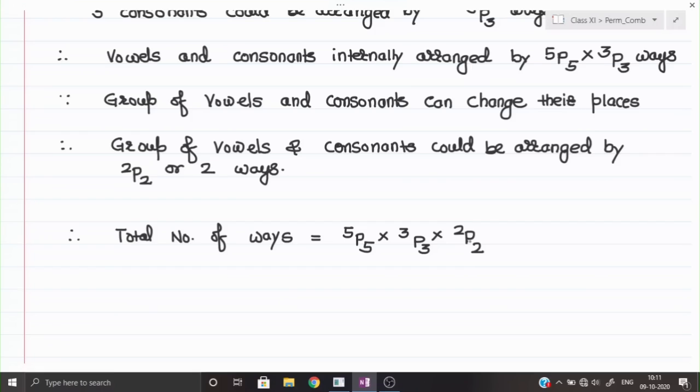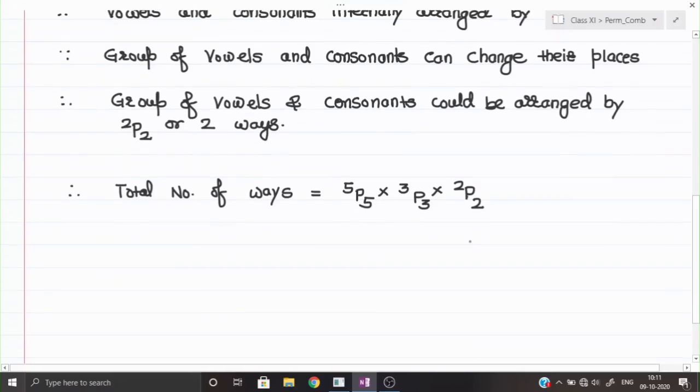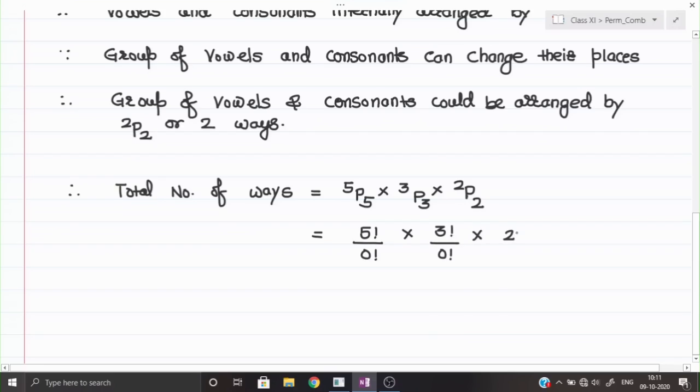That's why we are multiplying all the parts. Now let us simplify this one. 5P5 we can write as factorial 5 upon factorial 5 minus 5, that is factorial 0, into 3P3 as factorial 3 upon factorial 0, and 2P2 is factorial 2 upon factorial 0.